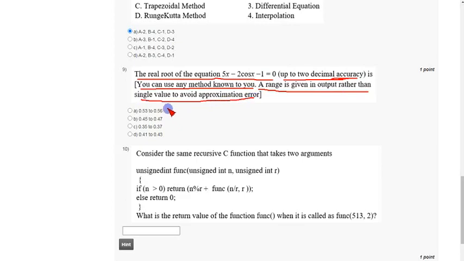So we will get some minute differences. They have given a slight range of values without giving a single option, so anything within these is a correct answer. So the answer for the 9th question is option A, 0.53 to 0.56. So mark option A as the correct answer for the 9th question.